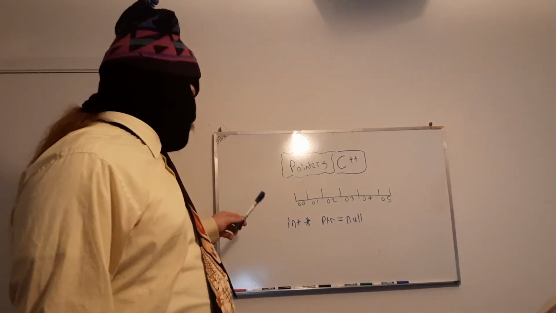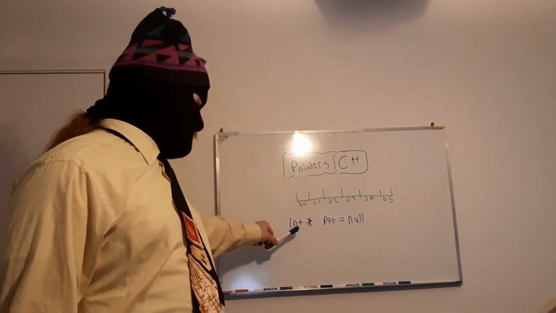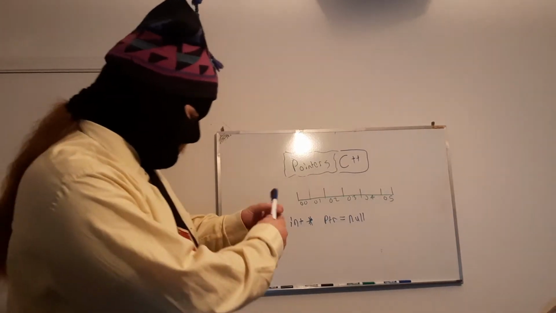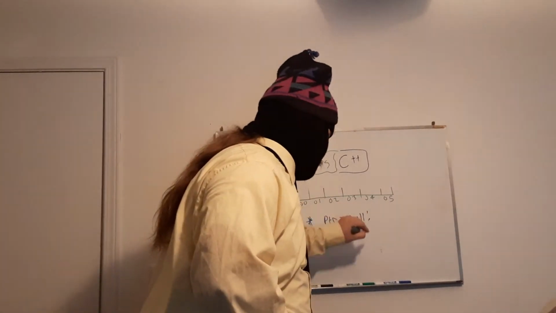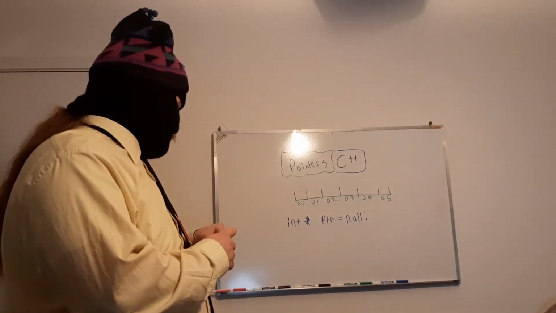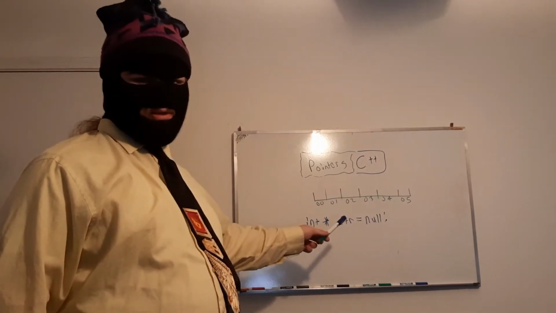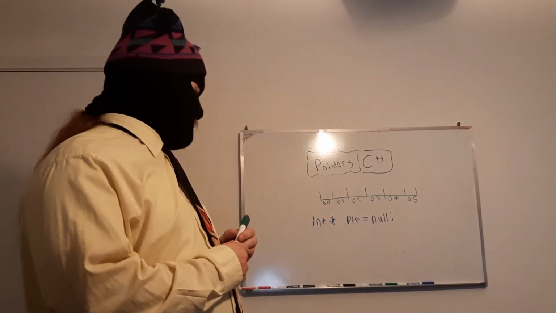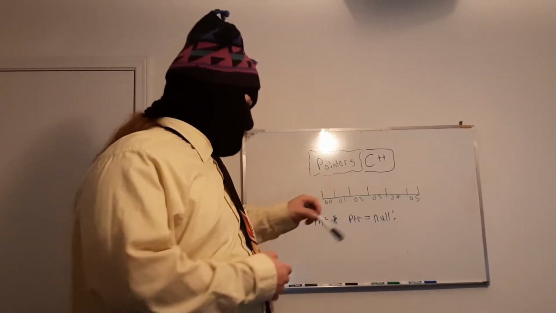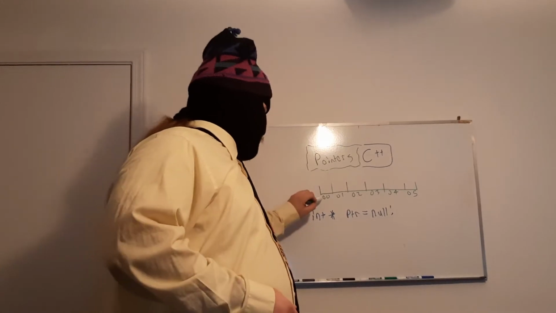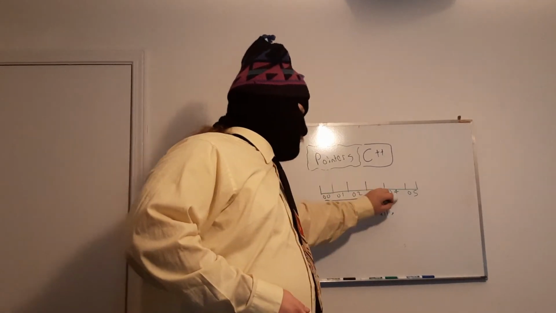So in C++, this would be a way, oh, wait, don't forget the semicolon. This would be a way to declare a pointer. A good way to think about it is the pointer variable itself is going to store one of these numbers.